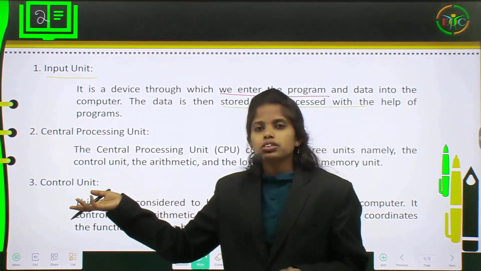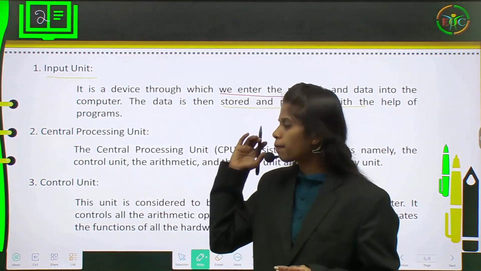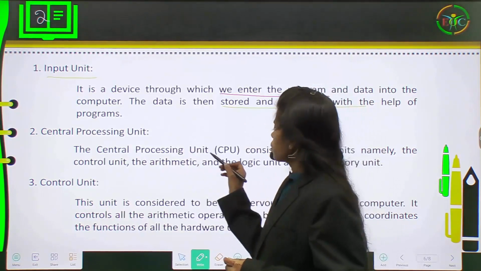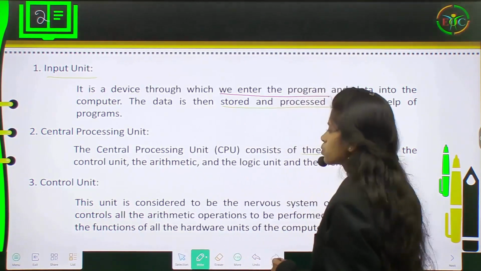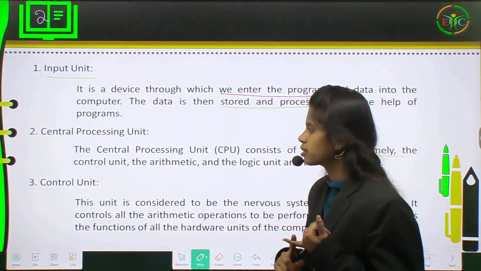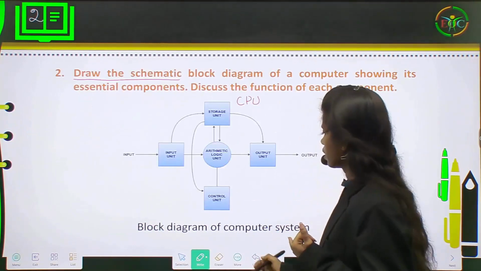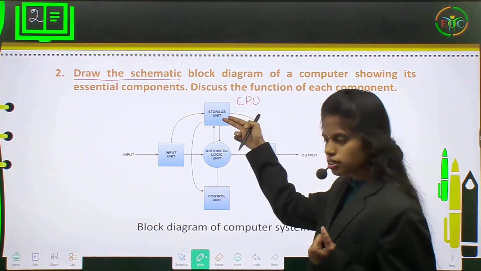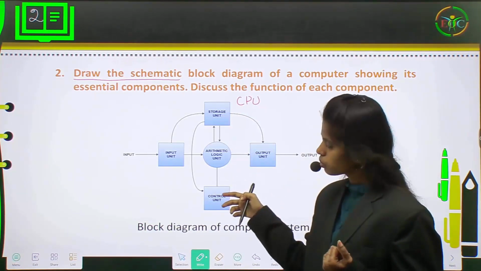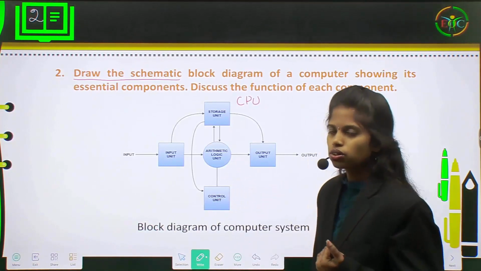What is the central processing unit then? This is the brain of a computer, you can say. It consists of 3 units. What are the 3 units? The first one we saw here is the storage unit, then the arithmetic logic unit, and next comes the control unit.